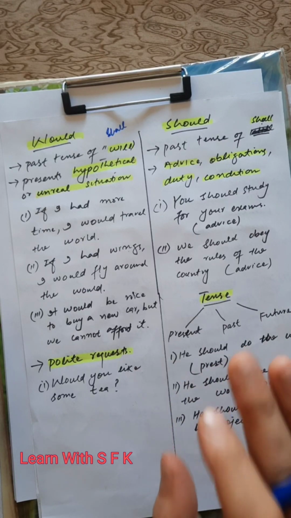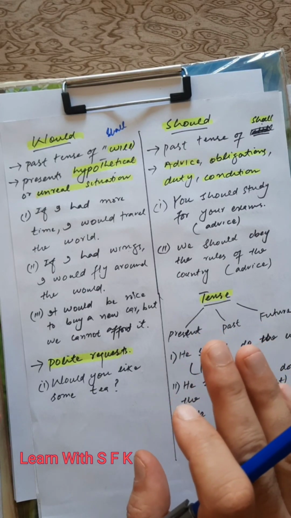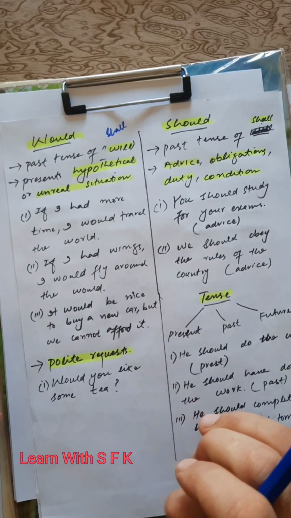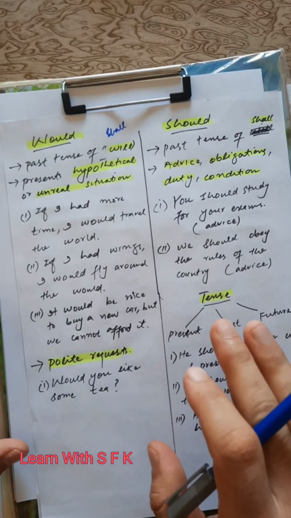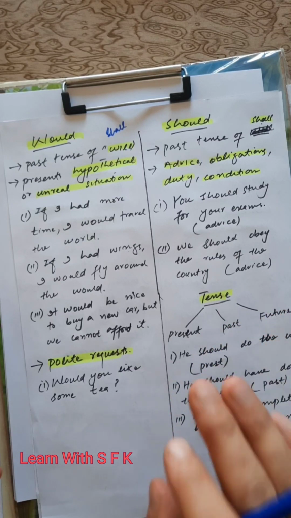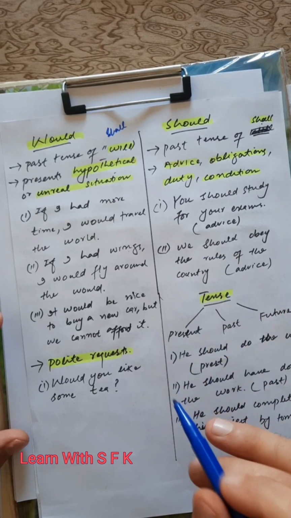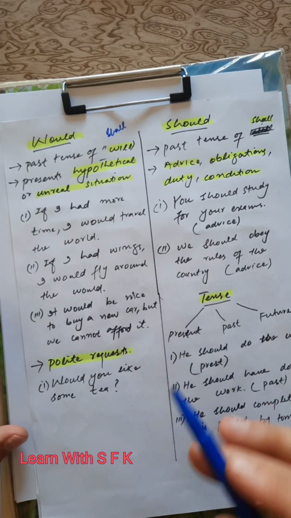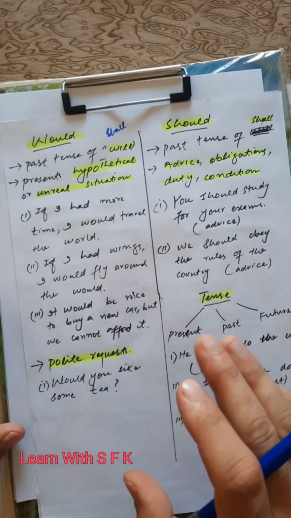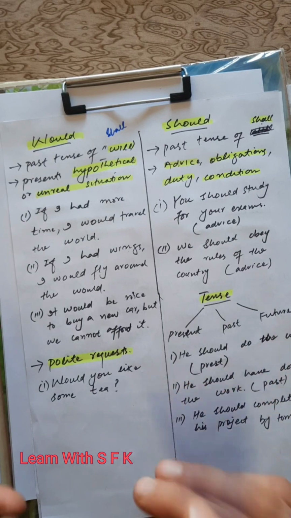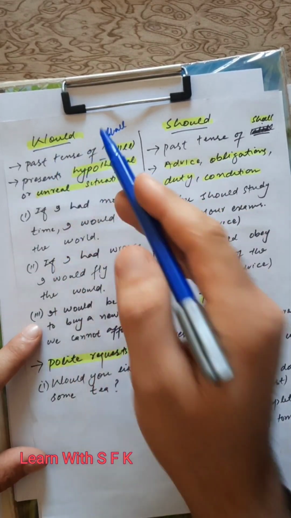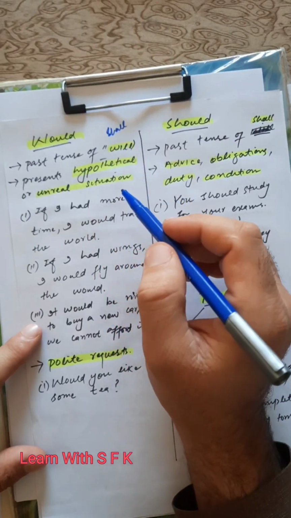Normally in English language we use would in conditional sentences. Inshallah, we will discuss conditional sentences in very detail in some other lecture, but here I'm just giving a clue to you that we normally use would in conditional sentences. But you have to remember that would is the past tense of shall or will.